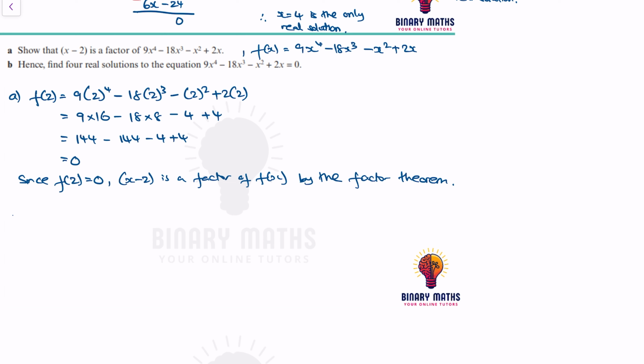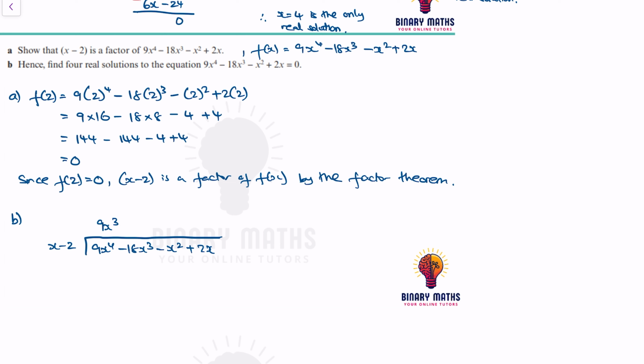Okay, so I need to do a polynomial division. So x minus 2 being divided into 9x to the power 4 minus 18x cubed minus x squared plus 2x. So x times what gives me 9x to the power 4? It's 9x cubed.